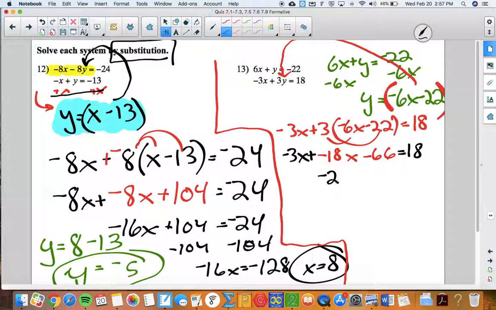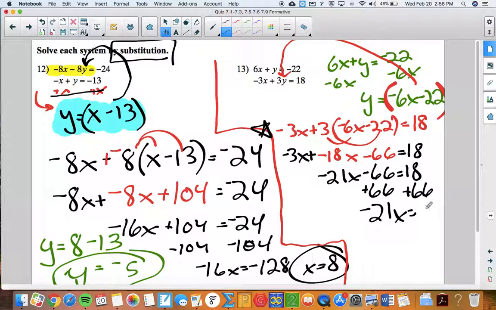So we get negative 21x minus 66 equals 18. Notice this equation from here, folks, has only had x's in it. That means we can actually solve for x, which is a beautiful thing. So we get negative 21x equals 84. So we divide by negative 21. We get x equals negative 4.